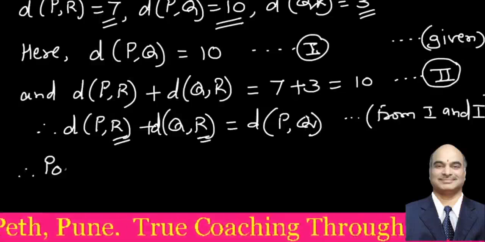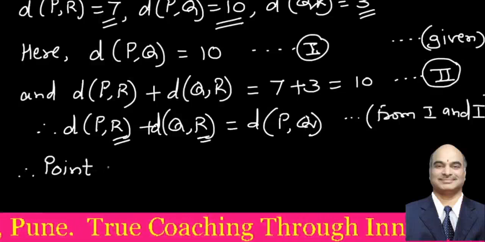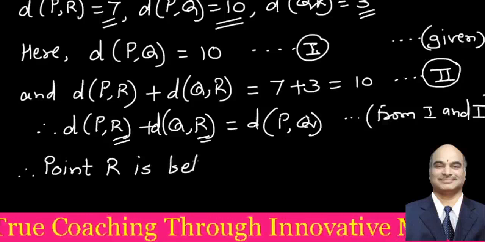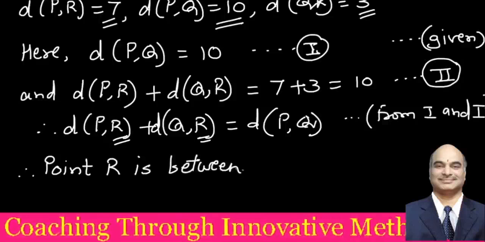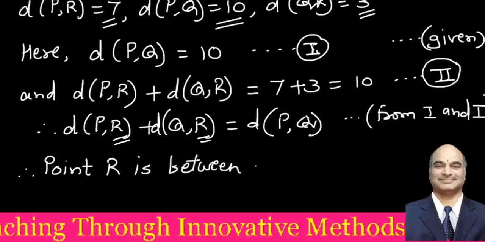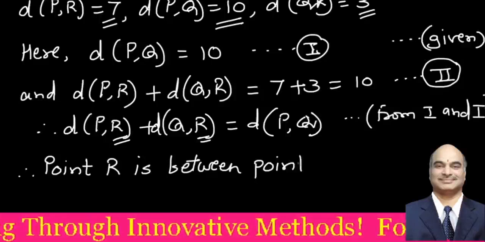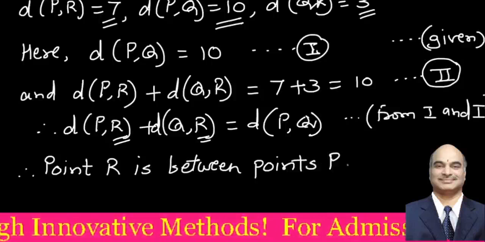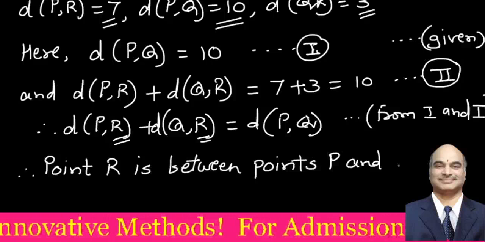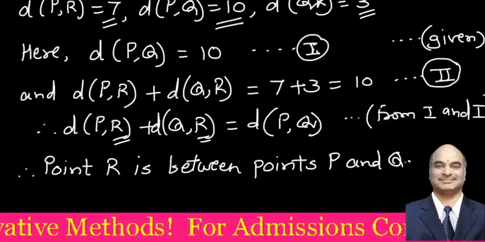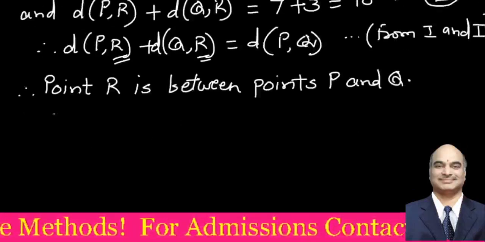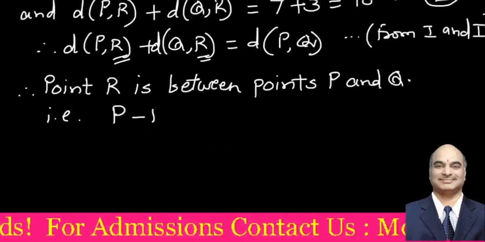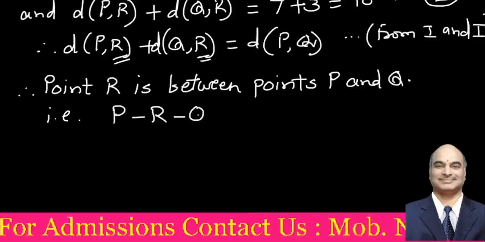So here we can write that point R is between, or lies between, points P and Q. So we can state that P-R-Q.